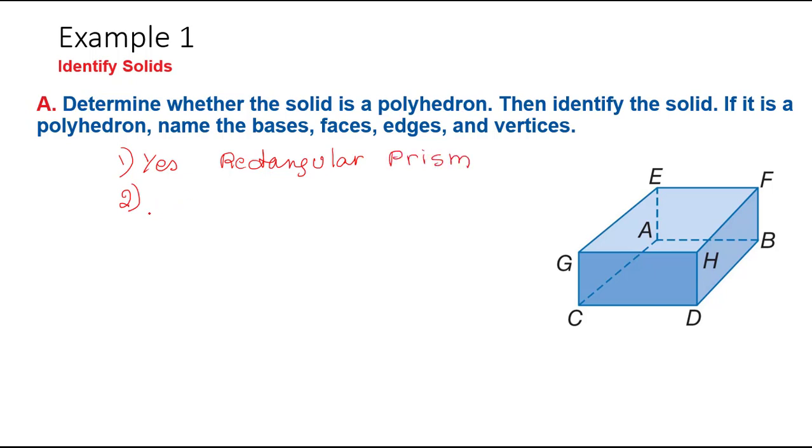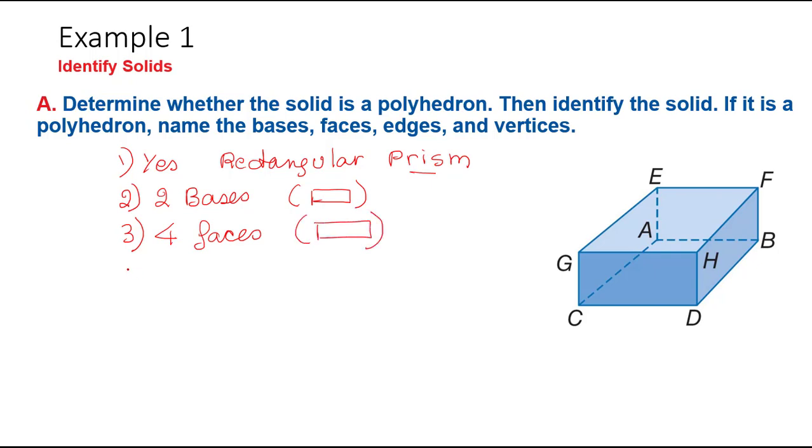Now, we want to say the number of bases. Since it's a prism, it has two bases. Our bases here are rectangles. Number 3, how many faces? The surrounding faces. Since I have in the base 4 sides, I have 4 faces. And my faces here are rectangles too. How many edges?